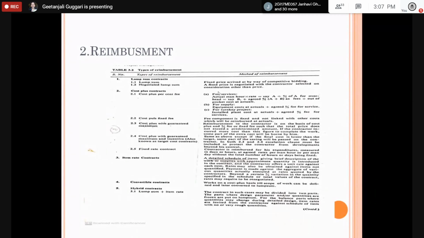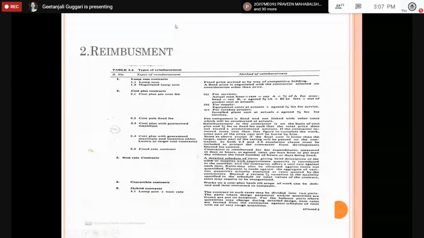Or for a supply, equipment cost at actuals plus an agreed percentage fee for the service. If you are supplying some equipment or machines, the actual cost of the machine and some fee for the service, they will be paid. Based on that, again, the cost plus contractors will be there.